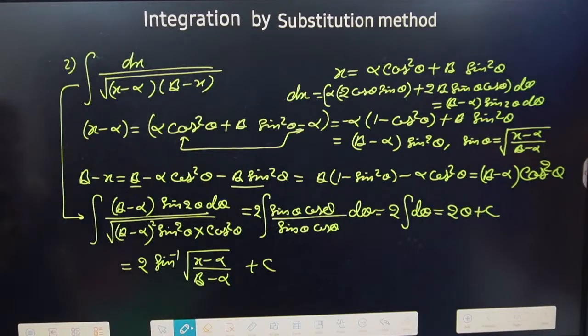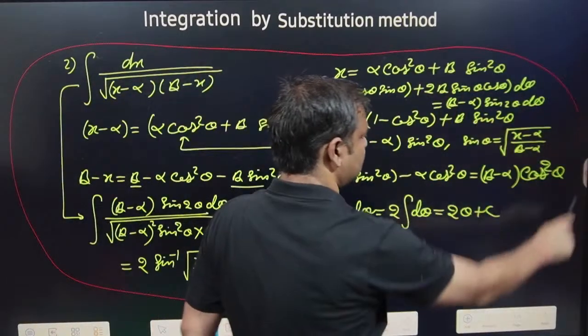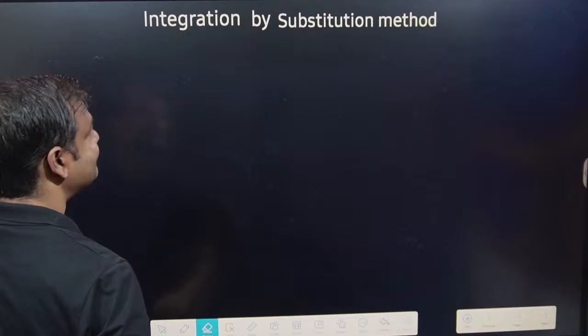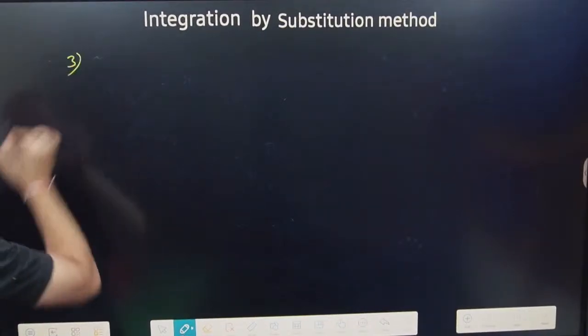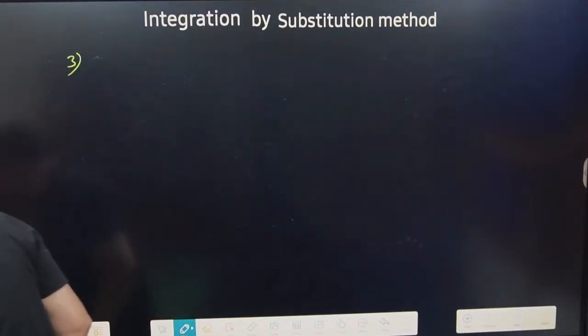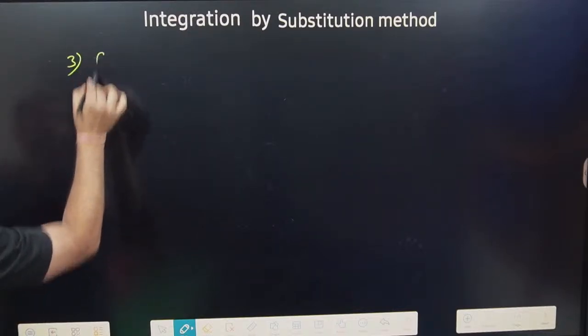Now I will take another problem also. Problem number 3. Today all problems are conceptual problems.